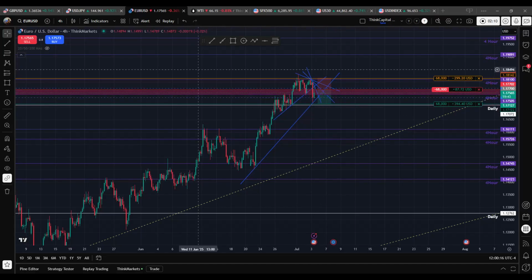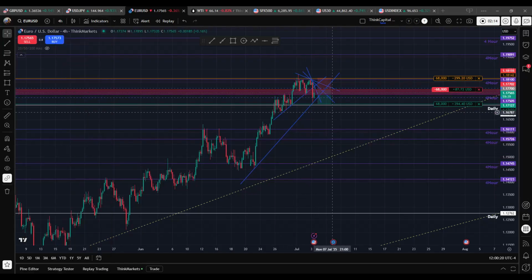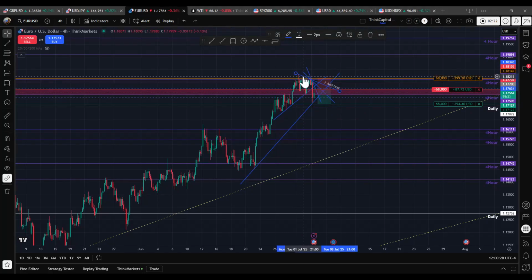And as you can see, we're going down, and my target is 57 pips away, and I'm already 14 pips into profit. But when I go to 1 hour, as you can see, I also have multiple downward trend lines that have formed. So the 4 hour is this one. I have two 4 hour trend lines, a downward trend line, which is this one that I can connect this high and this high. And then the second one is this one that I can connect this one and this one together.